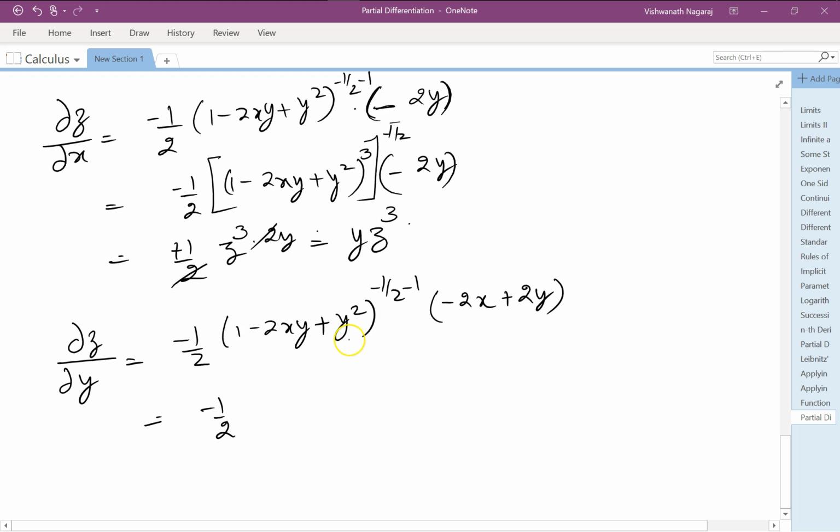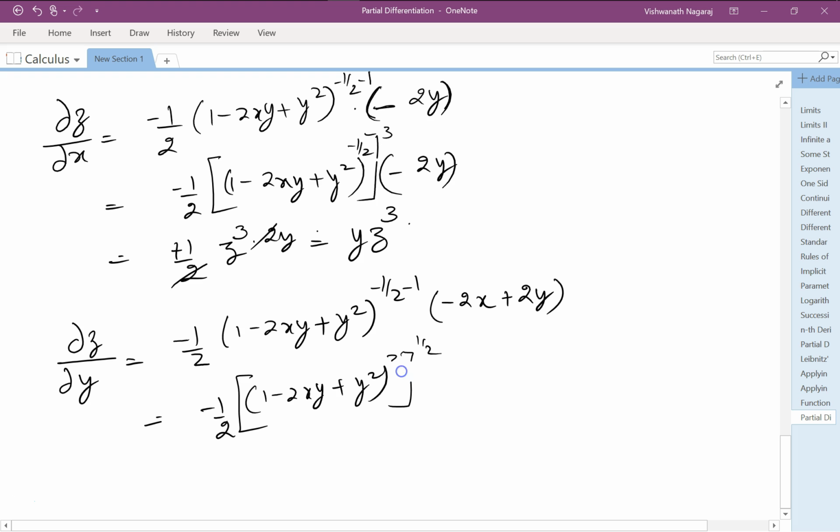This will become minus 3 by 2. Okay, let's do it step by step. Plus y square to the power of minus 3 by 2. This should be minus 1 by 2 and this should be cube, just to avoid any confusion. This is z and the whole thing becomes z cube.